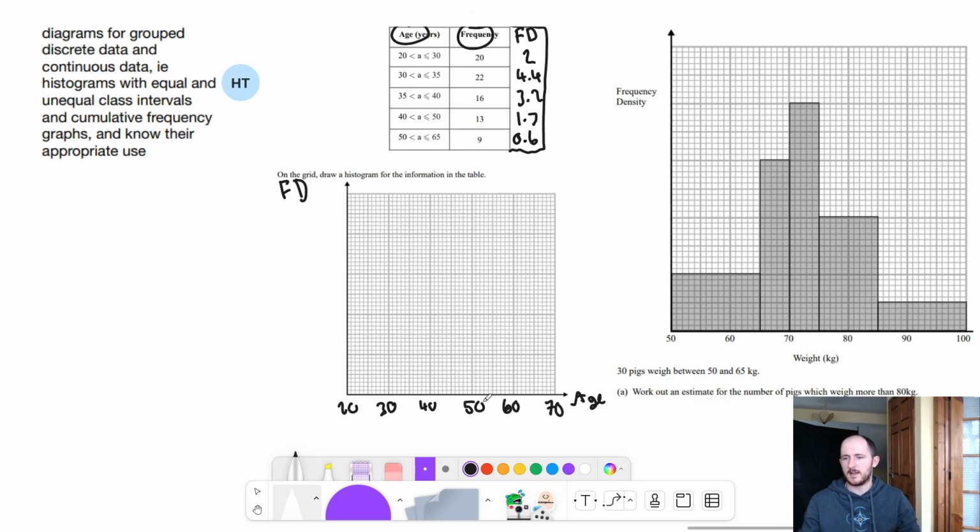So that means each half square is 5. I need to go from 0 all the way up to basically 4.5. So I can literally go up in 0.5s. So I'm just going to call that 1, 2, 3, 4, 5.